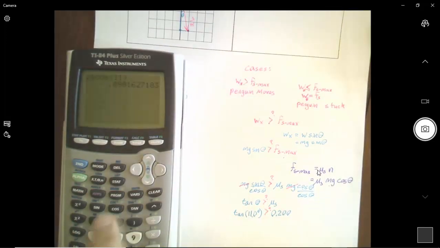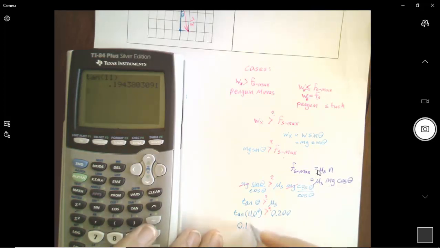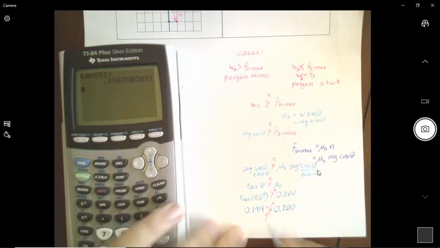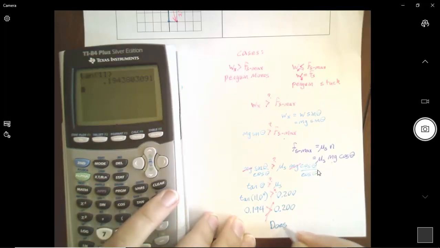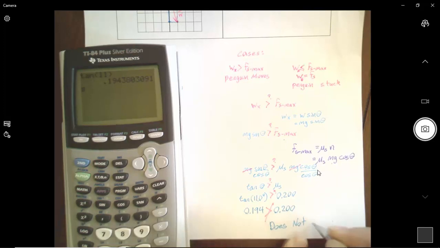So we're just going to calculate the tangent of 11 degrees, and we get 0.194. So we find out in this case that the penguin just barely does not move.